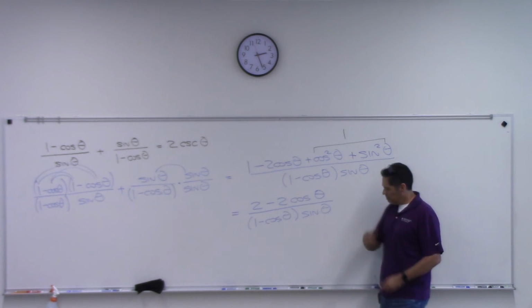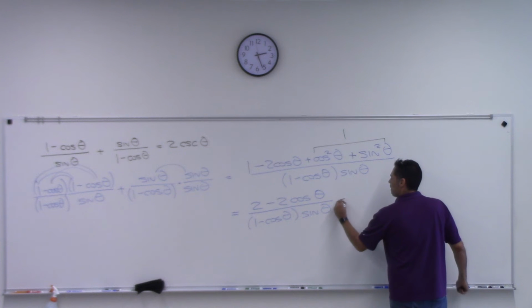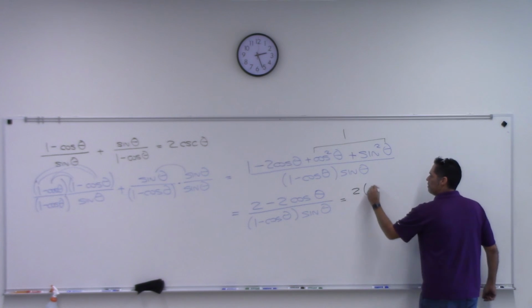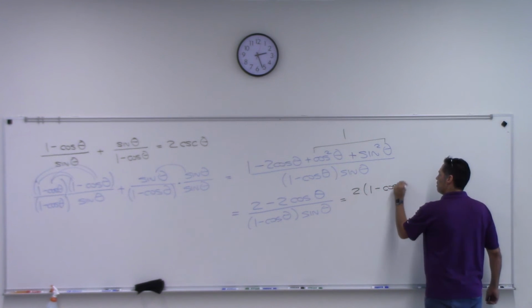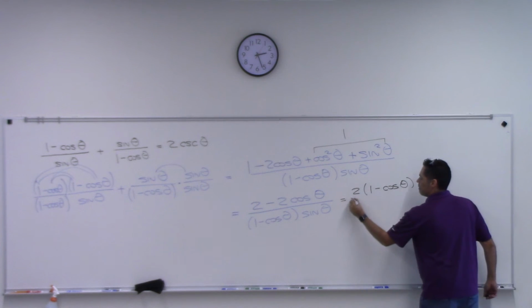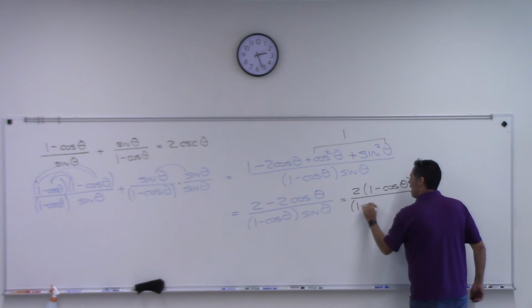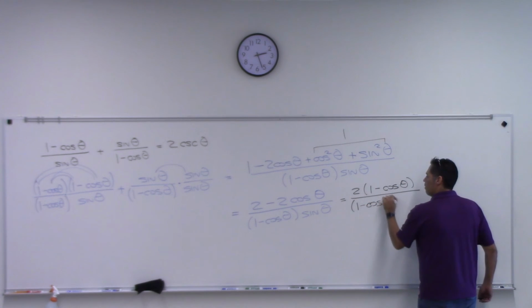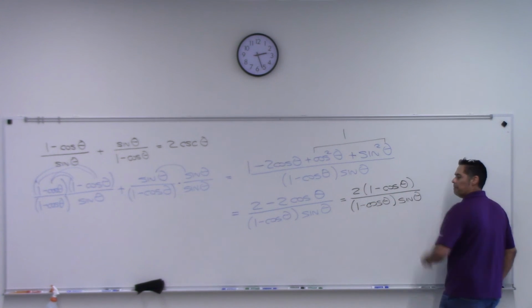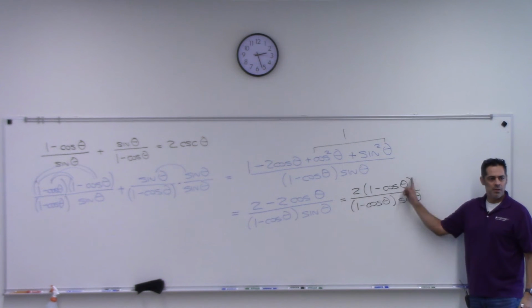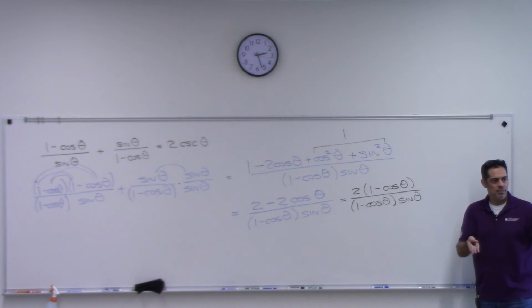Factor the 2 in the numerator. There you go. Cancel out the 1 minus 1. Factor 2 out of the top. See, they both have 2's? Pull the 2 out. And that matches exactly what's in parentheses on the bottom, doesn't it? These 2 match. So they can cancel.